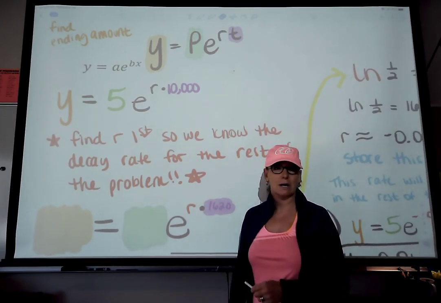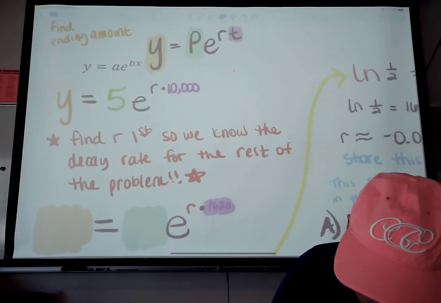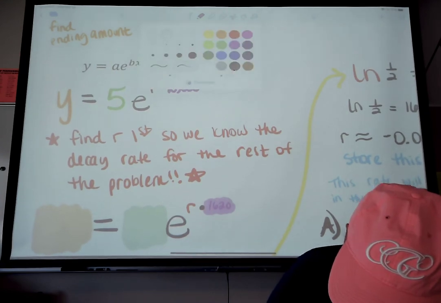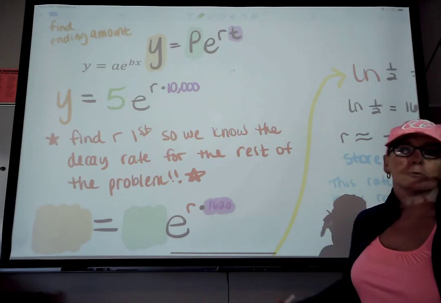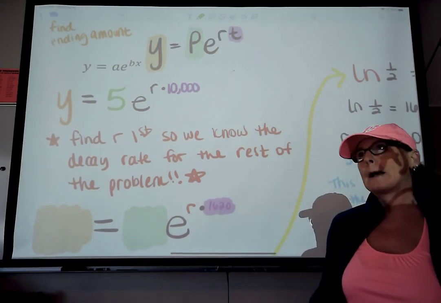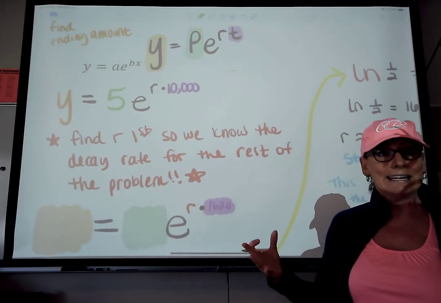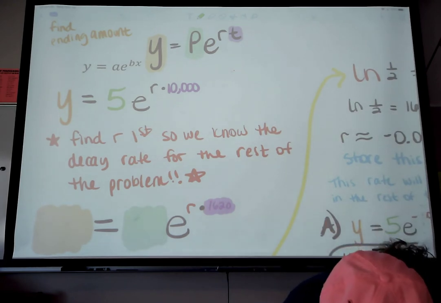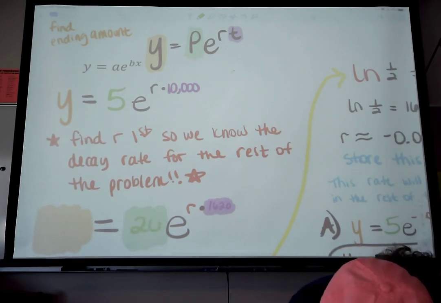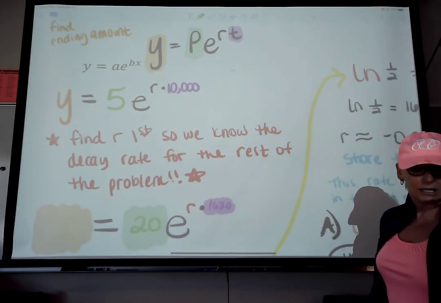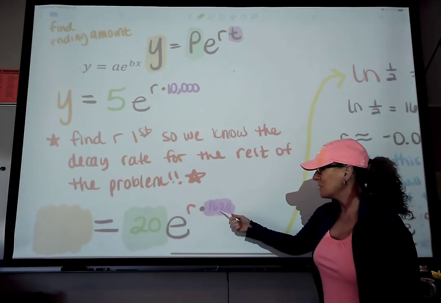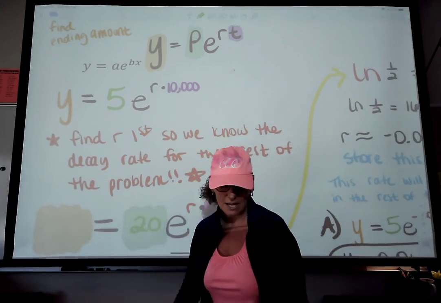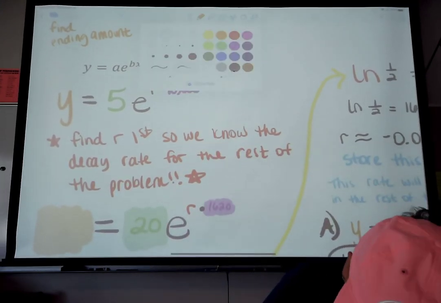You pick a starting amount. I don't care what you pick. Let's not even pick a number in the problem. You pick your own starting amount, like 20. What if we start with 20 grams? After this much time passes, how much is left?